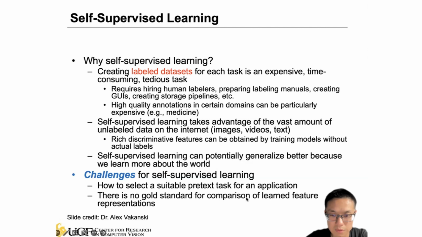For some applications, one particular self-supervised method may perform better, but for others the representation may not generalize well. In the literature, we do have some experiment settings to evaluate the performance, which we'll talk about later, for example linear evaluation and fine-tuned evaluation.